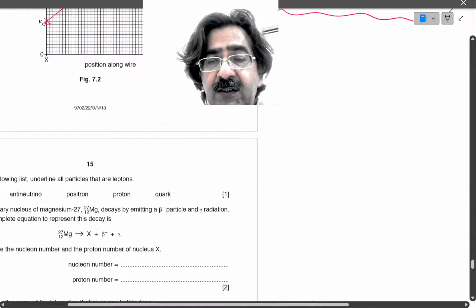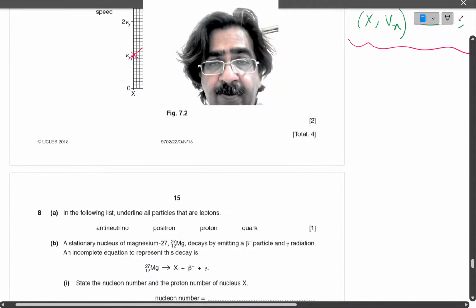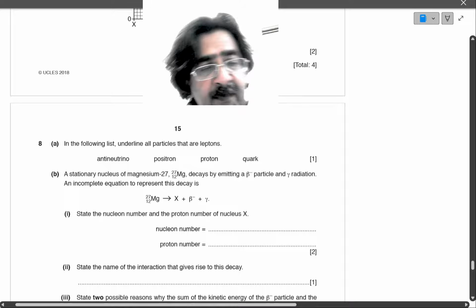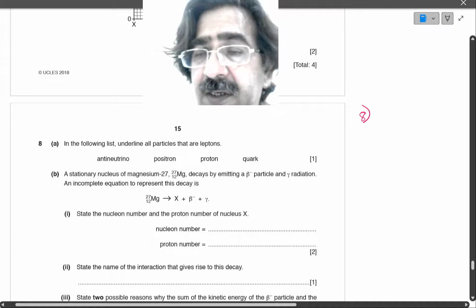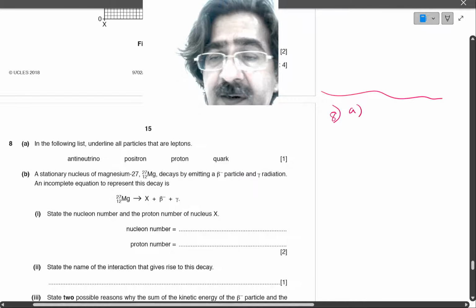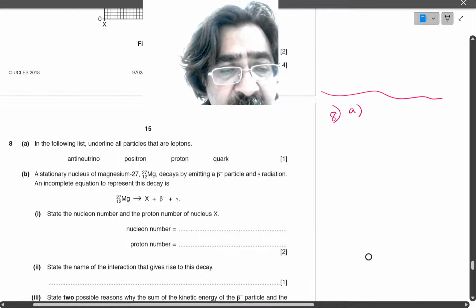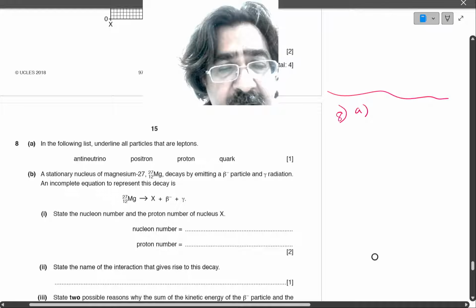The next is question number 8, the last question. So 8, A part. In the following list, which particles are leptons?